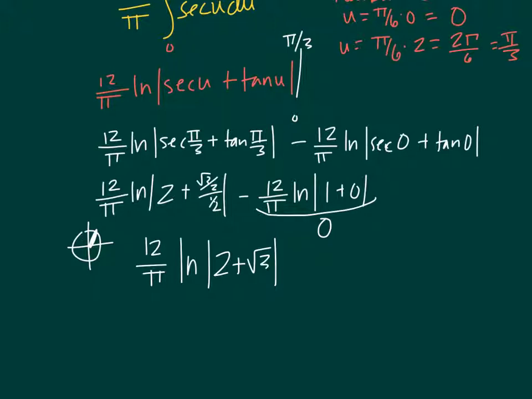You don't really need the absolute value at that point because 2 plus the square root of 3 definitely is positive. If you were to type that in your calculator and get an approximate answer, you would get 5.030, and that's the answer.